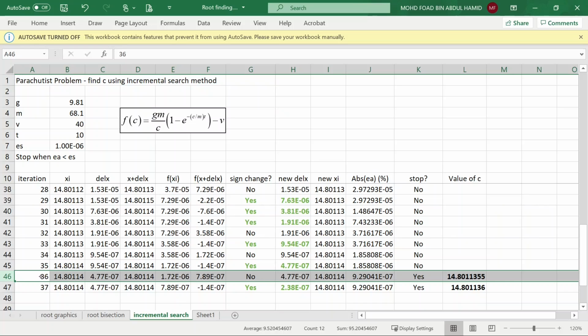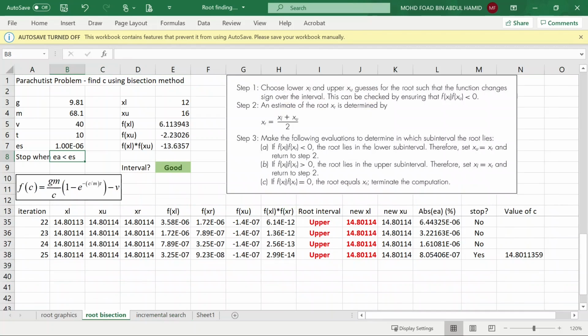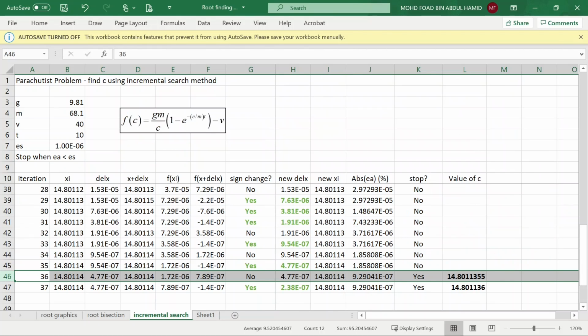The bisection method only requires 25. So it seems that the bisection method is converging faster than incremental search. So if you do this by hand, you have to do 12 more calculations, which might be time consuming.